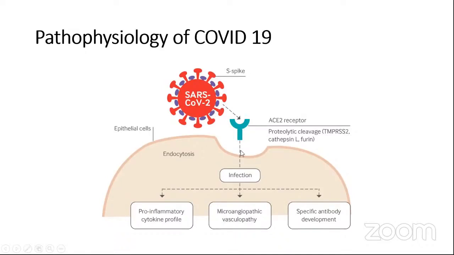Then it enters into the cells. ACE2 receptors are the functional receptors for the SARS-CoV-2 virus, and they are highly expressed on these epithelial cells in the respiratory tract, particularly the nasal mucosa and the pulmonary mucosa. That's why it prefers these sites most.